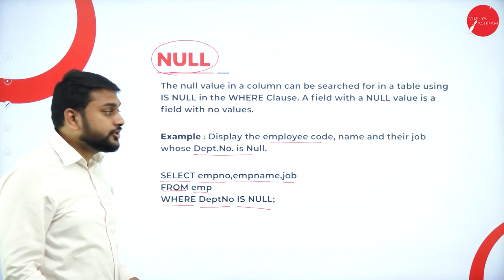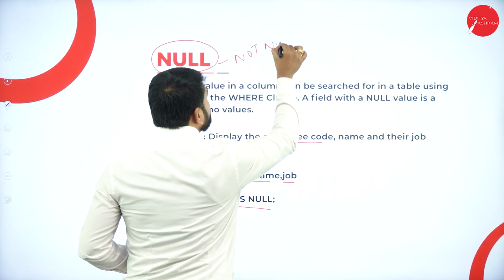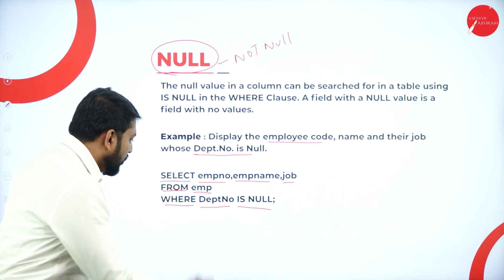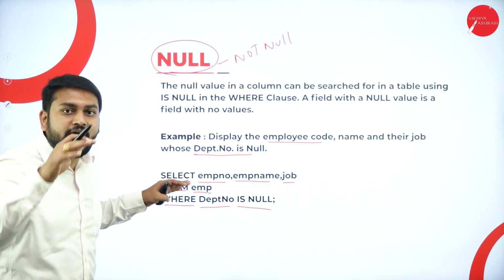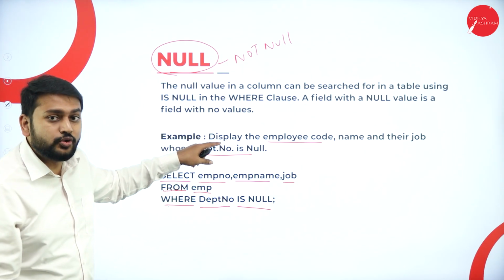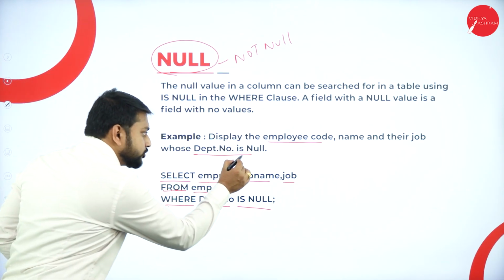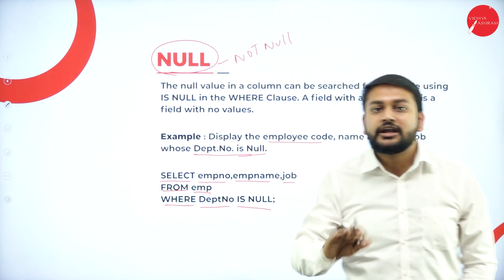Now imagine I will also have not null. So guys, what happens with a not null? I will mention in the condition where department number is not null. Imagine I have a query. What is that query? Display the employee code, name, their job, whose department number is not null. So who has entered the details for the department number.